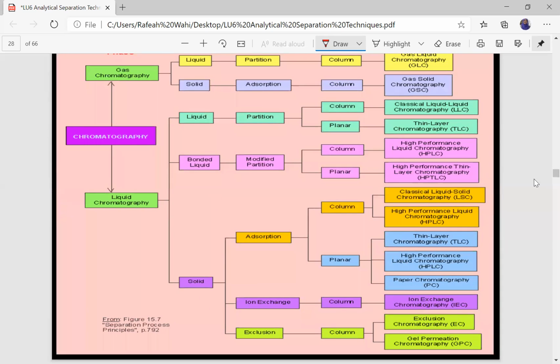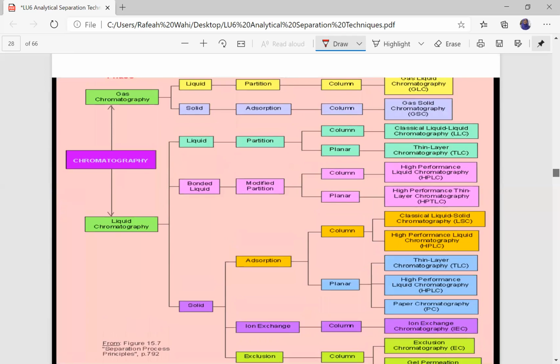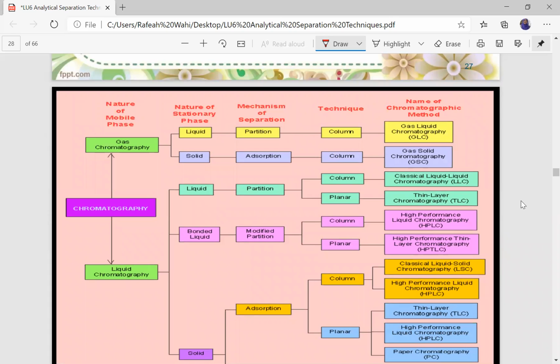So this slide is basically just showing you different types of chromatography analysis or chromatography separation. Chromatography itself can be divided into two parts, gas chromatography and liquid chromatography, divided into two types based on the nature of the mobile phase.